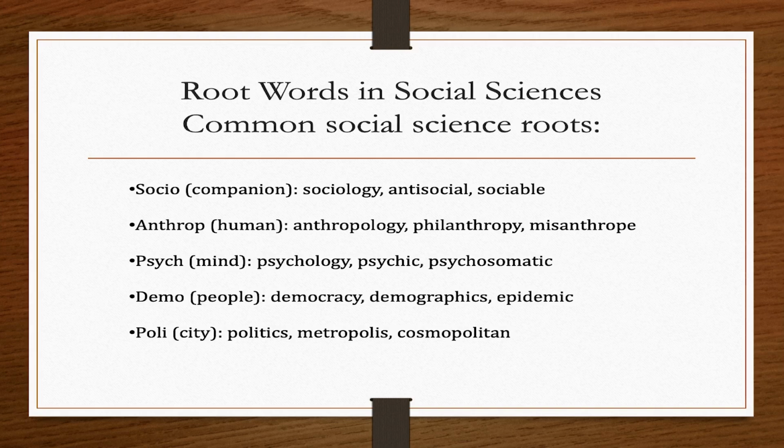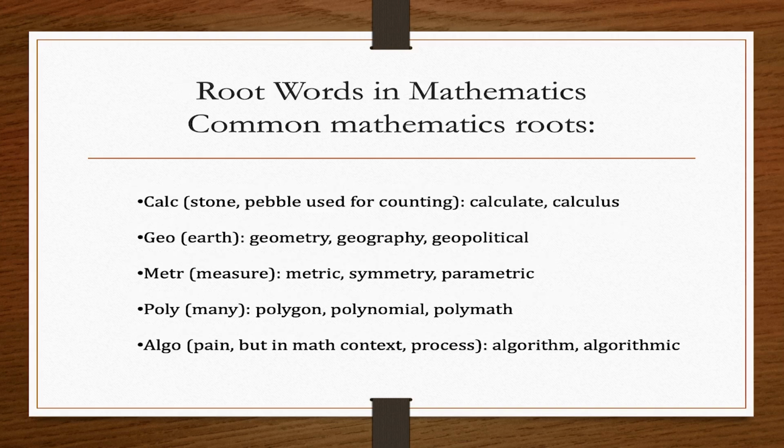When you try to understand words through roots, you don't have to memorize each and everything. Understanding one root, for example anthrop, that is related to human, you will very easily be able to figure out the meaning of words like anthropology, philanthropy, misanthropy, and all these words.